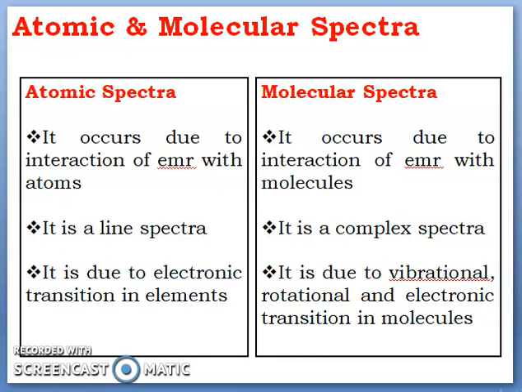Atomic spectra occurs due to the interaction of electromagnetic radiation with atoms, as explained in our previous slide, which produces a line spectra because it is having only electronic transition.